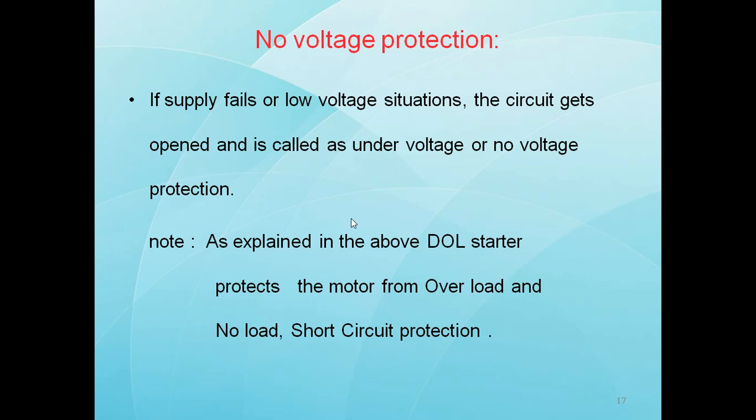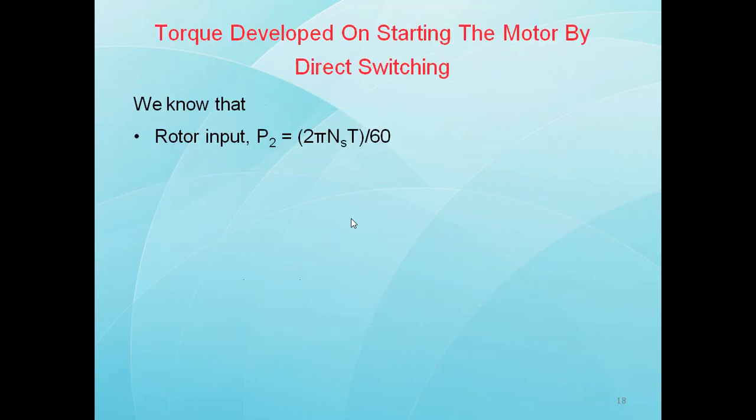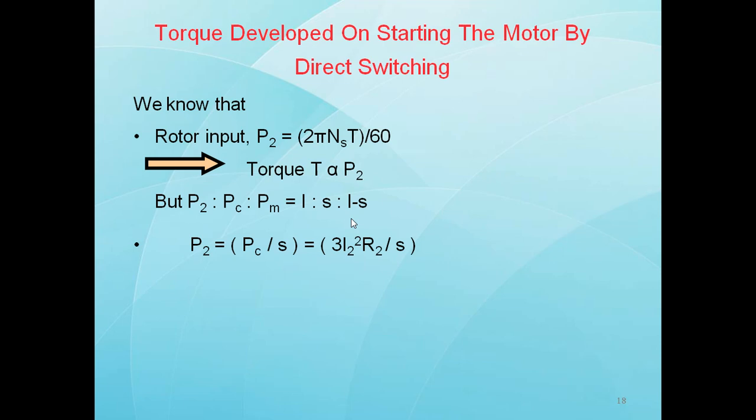So note, as explained above, the DOL starter protects the motor from overload, no voltage and short circuit. Suppose we see the torque equation: output is equal to 2πNs T by 60. So torque is proportional to P2.